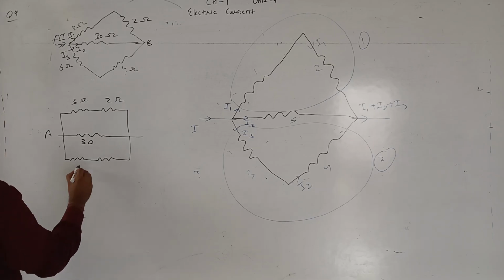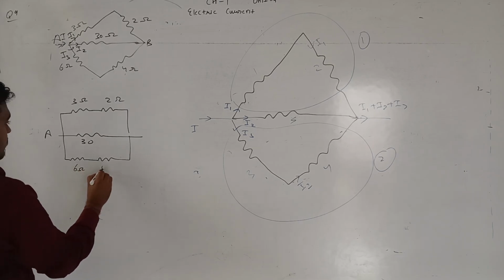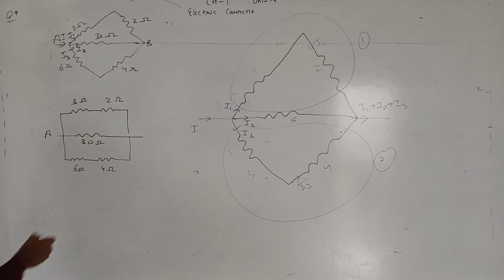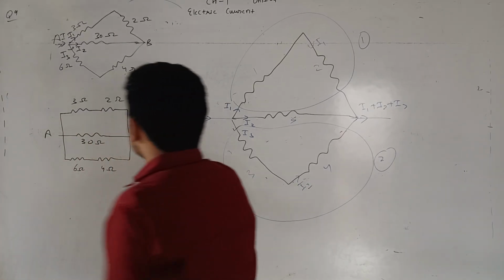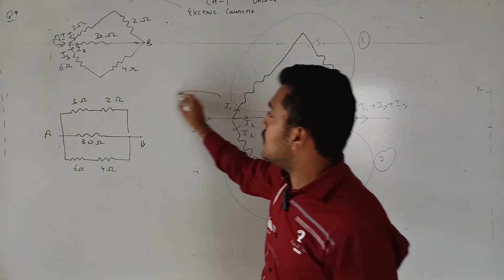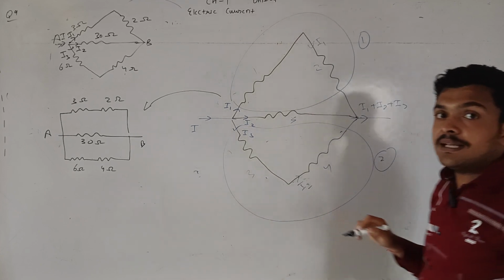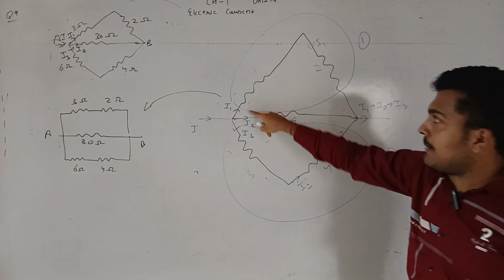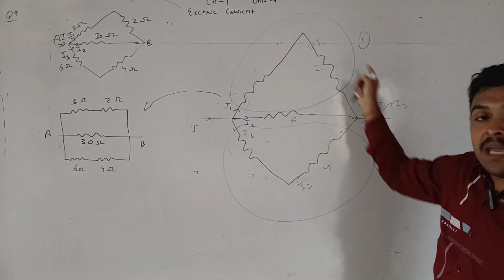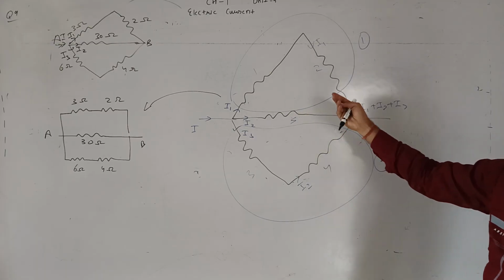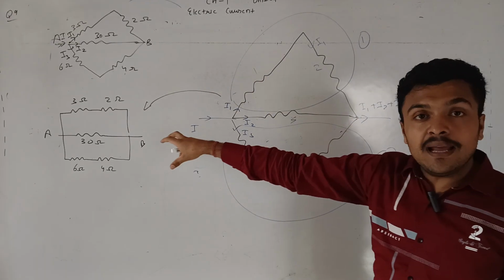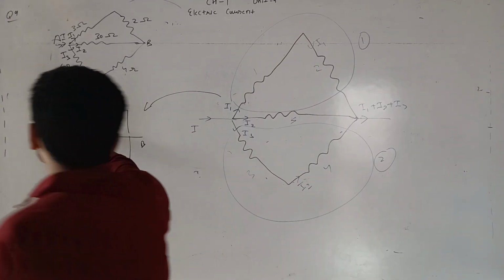These are 6 ohm and 4 ohm. So you can see this circuit and this circuit both are same. Only the shape is different. If the shape is different, it doesn't mean the circuit is different. The circuits are same.